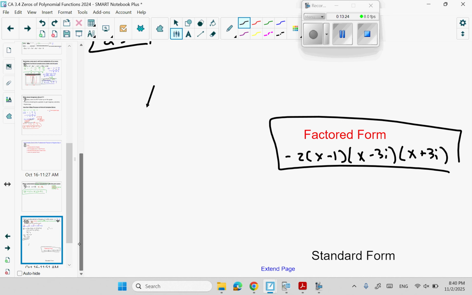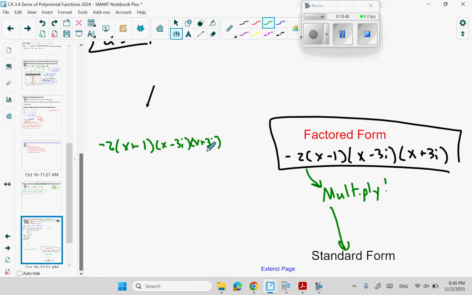However, if I scroll down a little bit, it wants it in standard form, which means I have to multiply it out. So I get -2 times x minus 1, x minus 3i, x plus 3i. Technically speaking, because order doesn't matter in multiplication, I can multiply any 2 parentheticals together first.